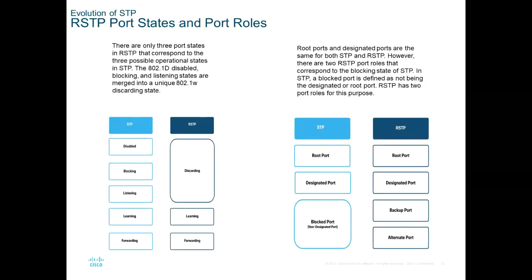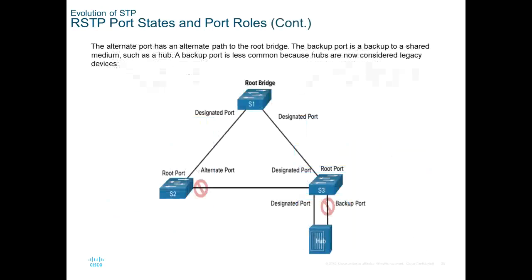And I'll give you a heads up, backup port can come straight up. It doesn't have to go through the learning, recalculating. They can be instantly brought back online if a link fails. Alternative ports still need a recalculation.